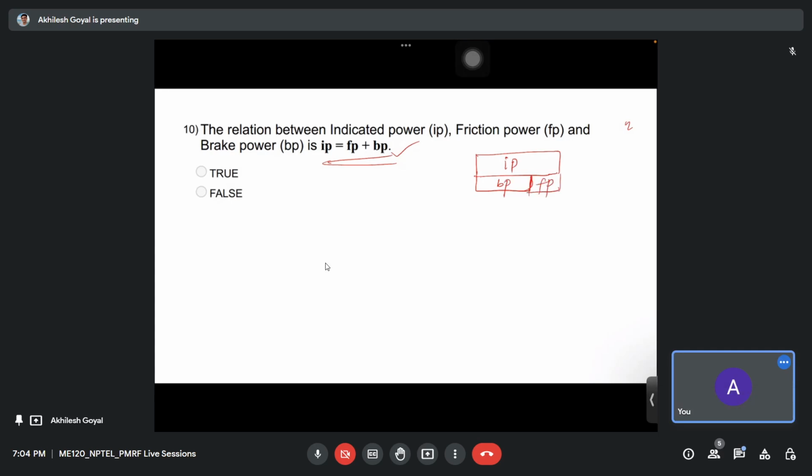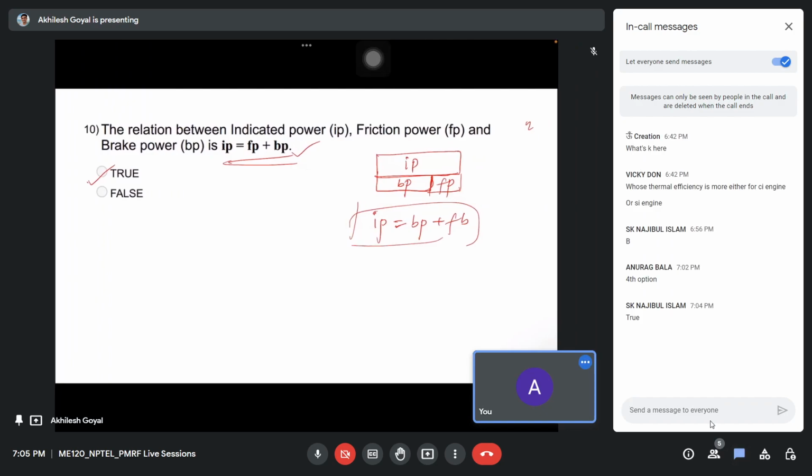So indicated power is the sum of brake power and friction power. So this option is also true. These are the questions from the assignment.